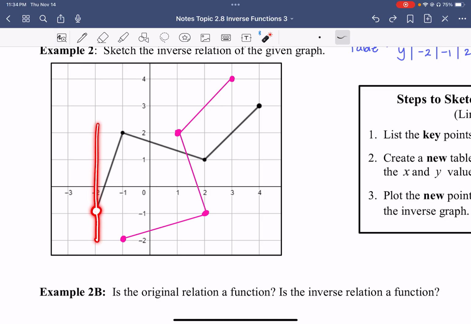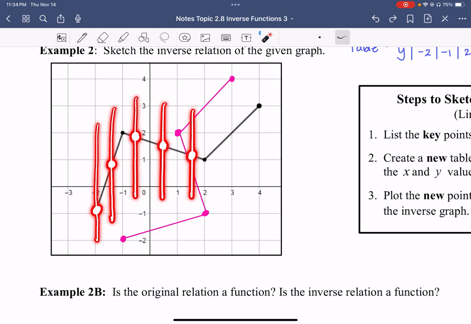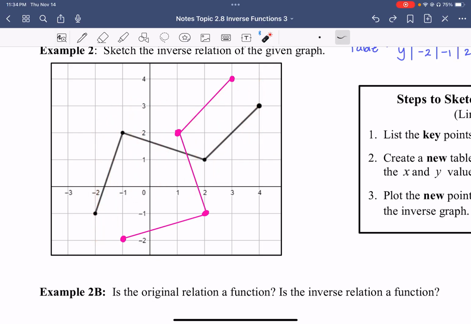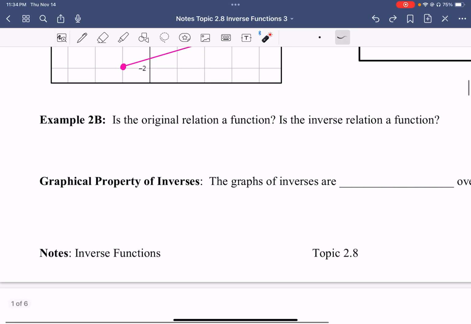So far it passes the vertical line test. Here it passes, same thing here, it passes. Remember that I'm only looking at the original one that's in solid black. So anywhere I draw a vertical line, the original relation does pass the vertical line test. Okay, so that means the original relation is a function.